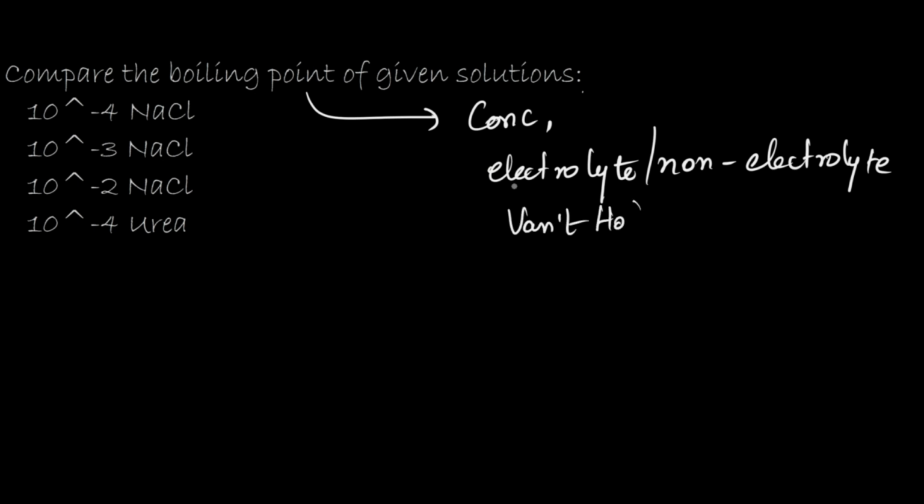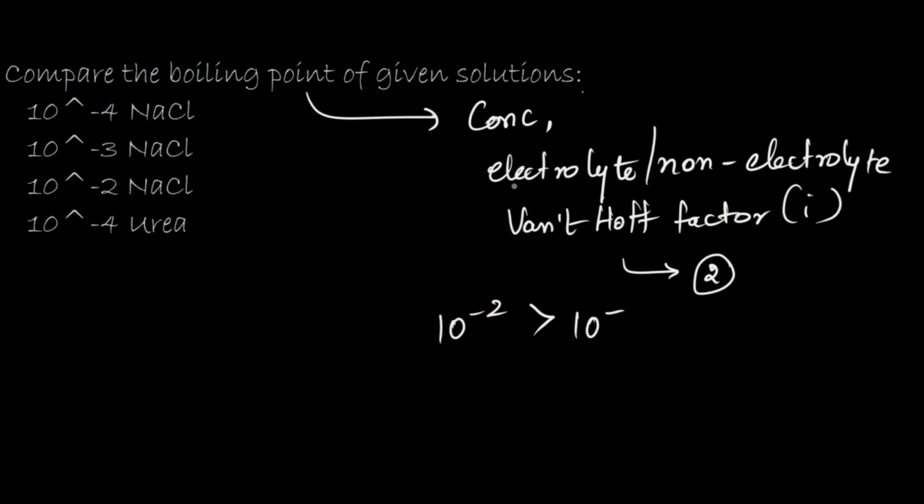In the crash course also we talked about this Van't Hoff factor i. For NaCl solutions, is that an electrolyte or not? Yes, it is an electrolyte that dissociates as Na+ and Cl-, so the Van't Hoff factor becomes 2. Talking about concentration, 10 to the power minus 2 has more concentration, then 10 to the power minus 3, and then 10 to the power minus 4.